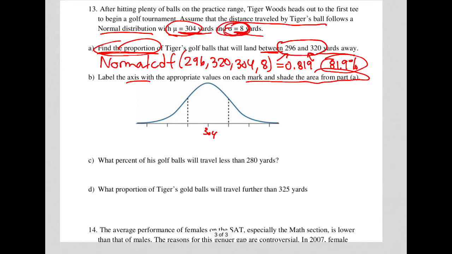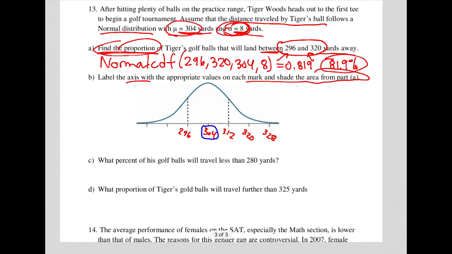So if we add 8 to 304, you get 312. And then if you add 8 to that, you get 320. And then if you add the 8 to that, we get 328. So now if we start back in the middle, where our mean is, and we subtract 8, we get 296, right?